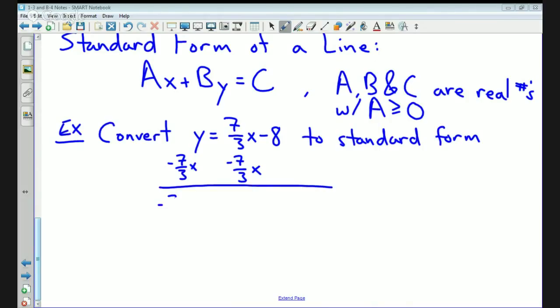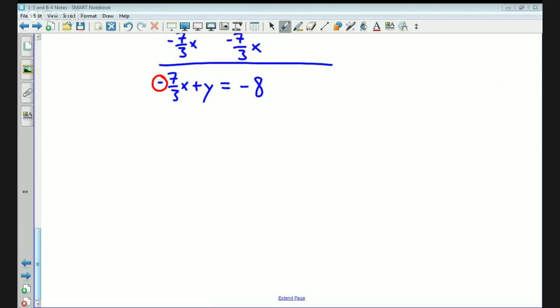And I will have negative 7/3 x, and then adding in this y that was already there, and this will equal negative 8. The positive 7/3, negative 7/3 x's will add to 0 and go away. This is almost there. However, the problem is that negative. We want the A to be greater than or equal to 0. So what I'm going to do is multiply through the whole equation by negative 1.